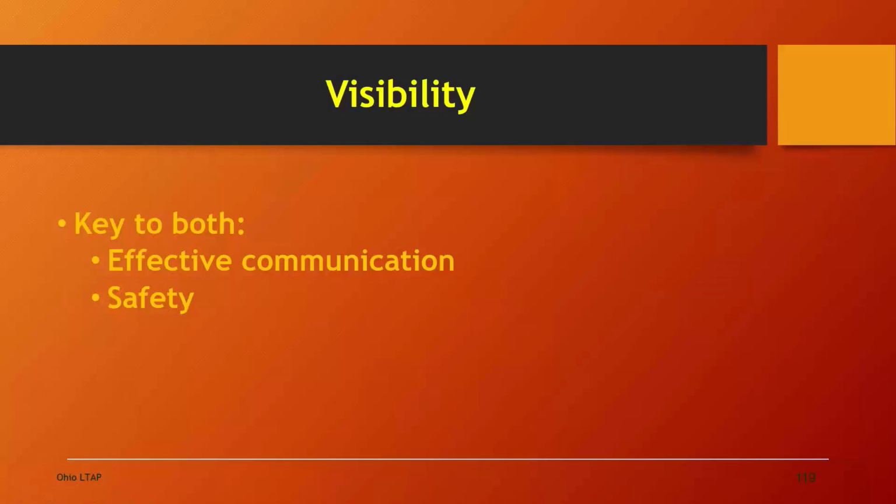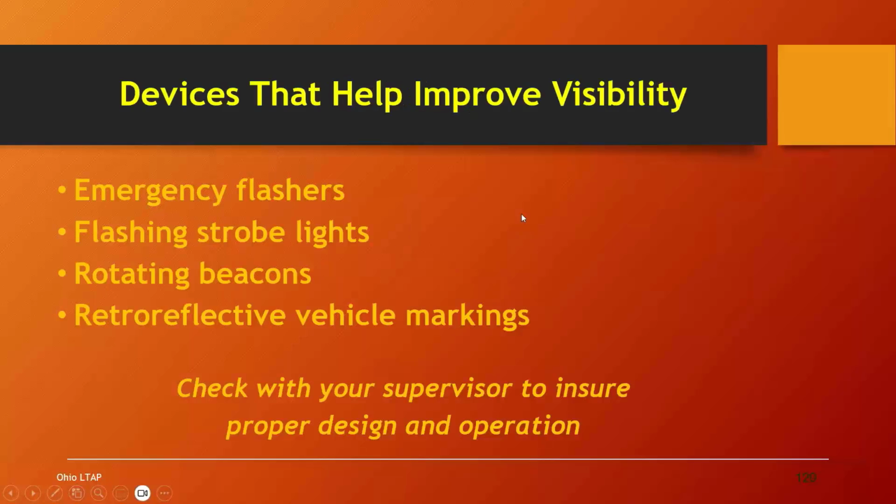So the visibility of our devices is the key for effective communication and safety. When we're placing our signs and cones, you want to make sure they're visible from a distance. So we do have some devices that help improve our visibility. So we have emergency flashers, flashing strobe lights, rotating beacons, retroreflective vehicle markings.